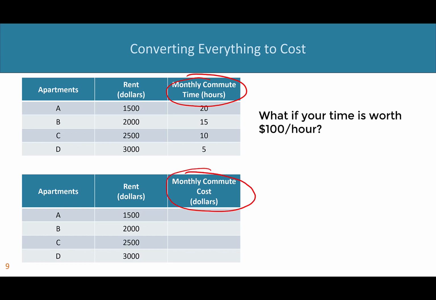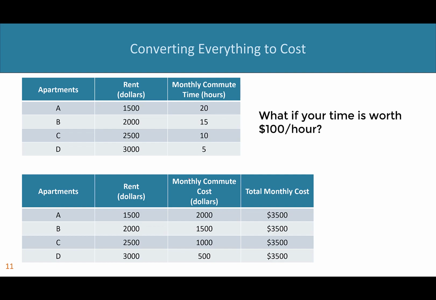And we just need to multiply each one of our commute times in hours by $100 per hour. So I brought out the supercomputers for this, and we see that the 20-hour commute time is $2,000 of monthly cost if our time is worth $100 an hour. We add these up, and we can see that the total monthly cost of all four of these apartments happens to be $3,500. So we're completely indifferent between these four apartments based on these two metrics.